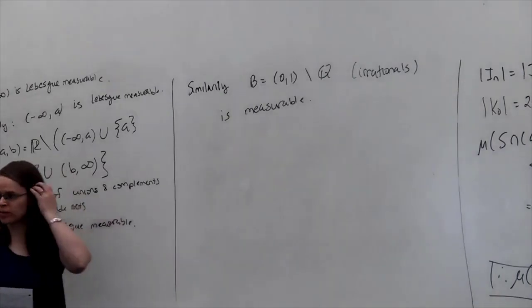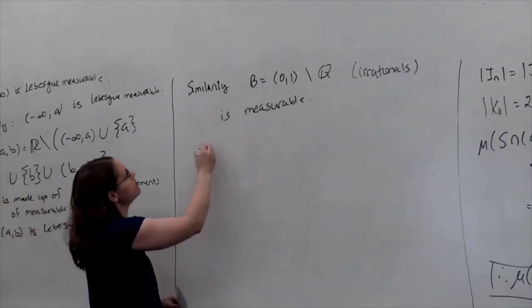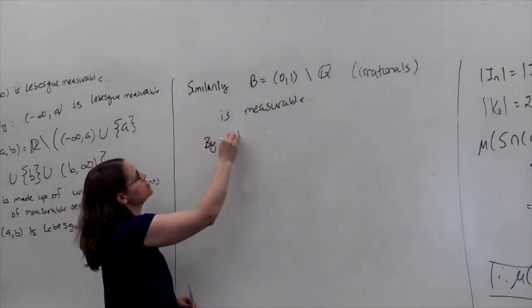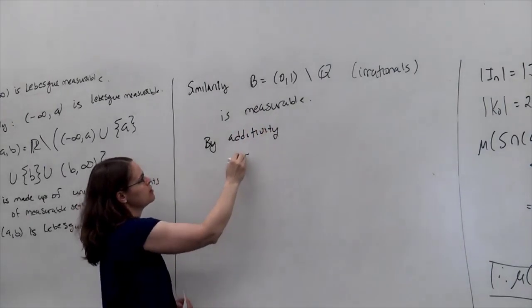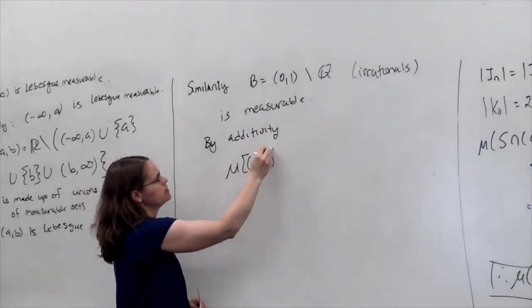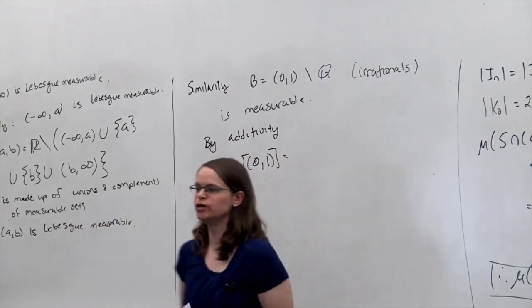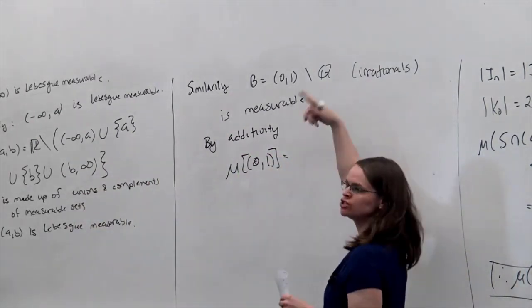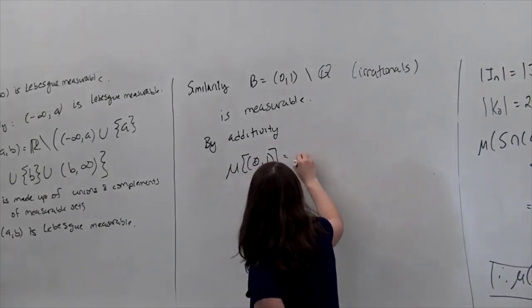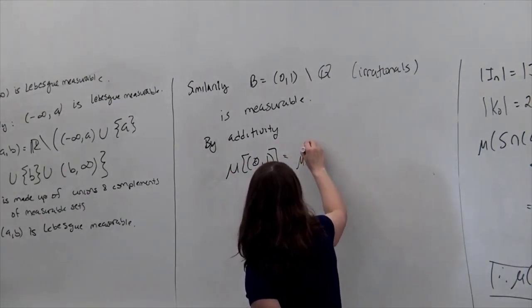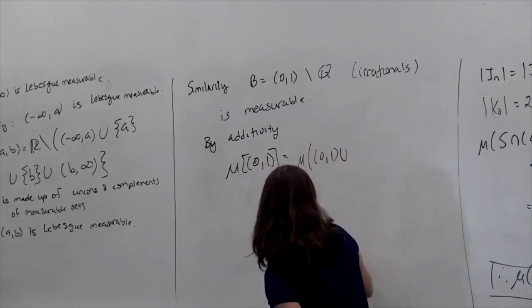And we can come up with this measure by additivity, right? So by additivity, the measure of this set, the interval from 0 to 1, which is the union of the rationals and the irrationals, which are disjoint, is going to be just the measure of the rationals plus the measure of the irrationals.